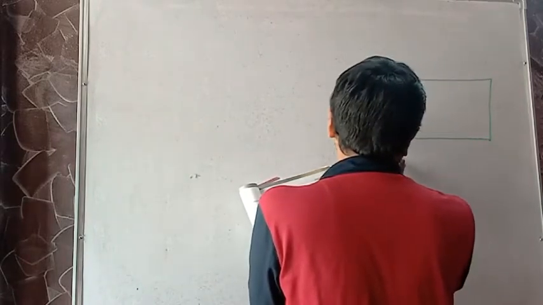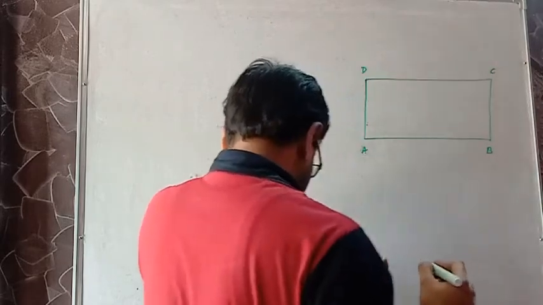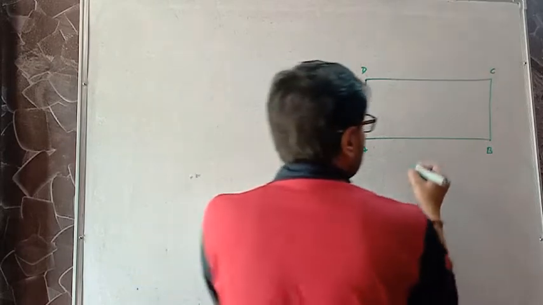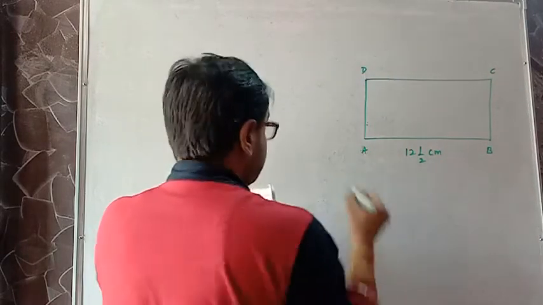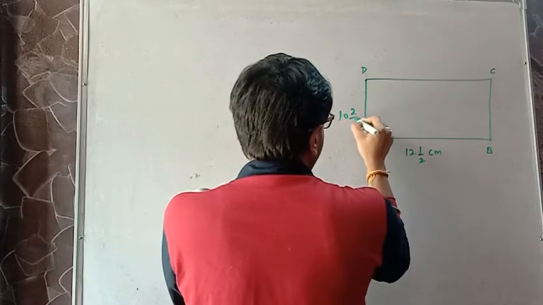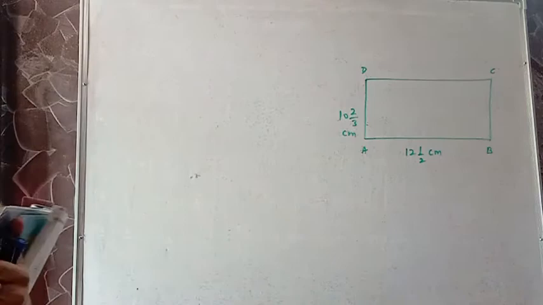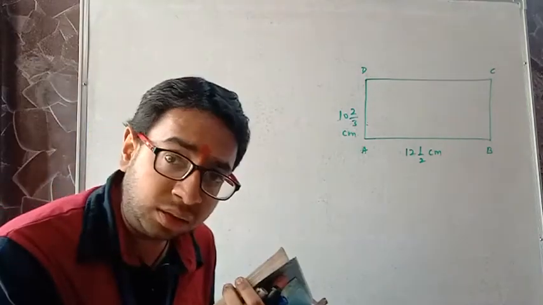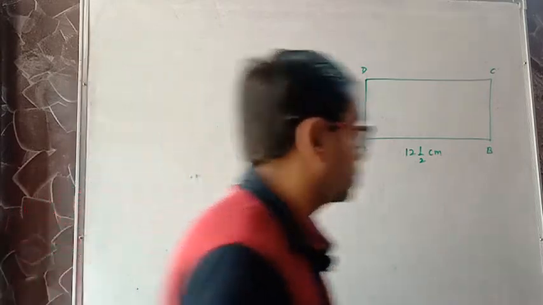For example, ABCD is a rectangular sheet whose long, means length, is given this, and wide, means breadth, is given this. I hope you know the difference between length and breadth. So long means length and wide means breadth. Clear with this?